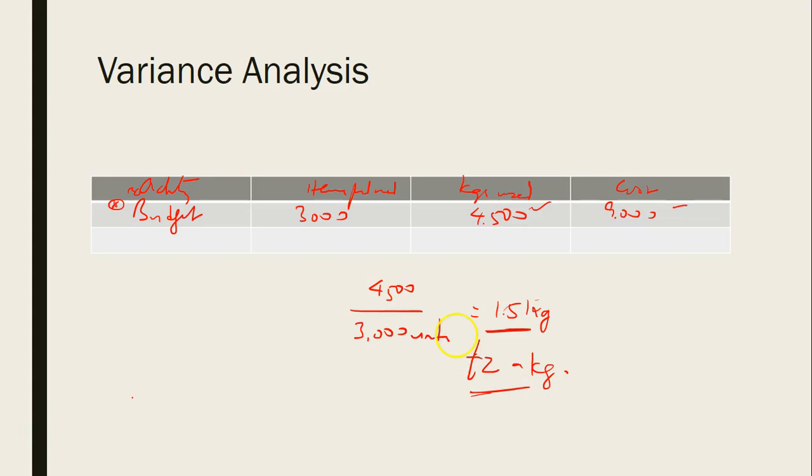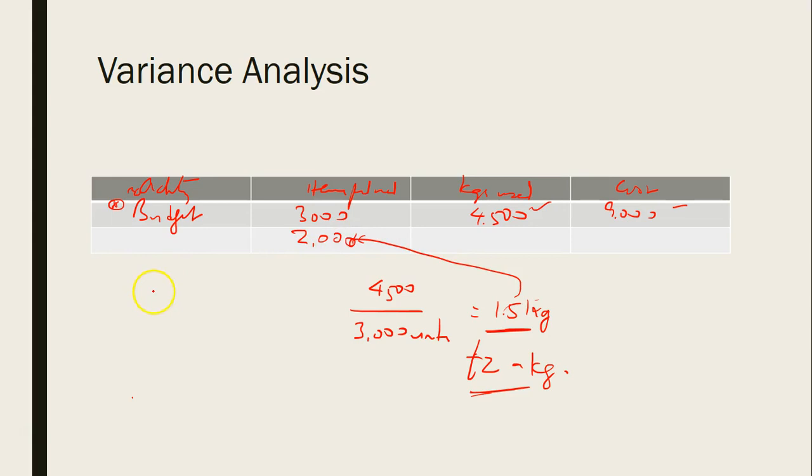Now, they tell us that you made 2,000 items. So if you made 2,000 items, before I even talk about the SPAC and the APAQ, we expect you to use 1.5 kilograms times 2,000 units.